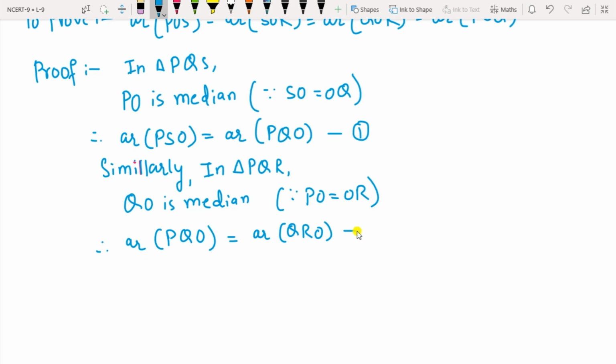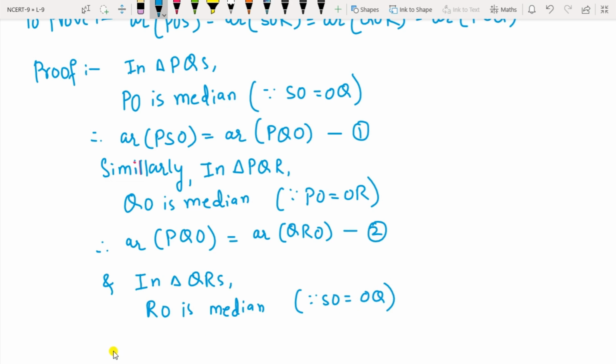That is equation number 2. Then again, in triangle QRS, RO is median. The reason is since SO equal to OQ, and therefore area of QRO will be equal to area of ROS. That is equation number 3.